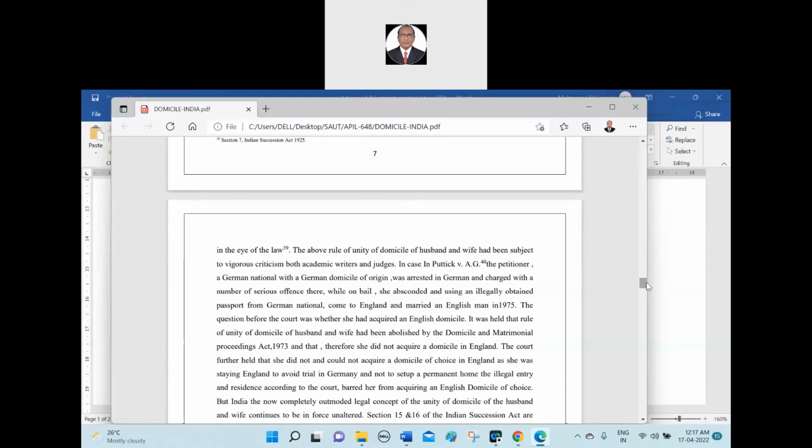While on bail, she absconded using an illegally obtained passport from a German national. So the petitioner is a woman. She is such a sharp lady. What did she do?